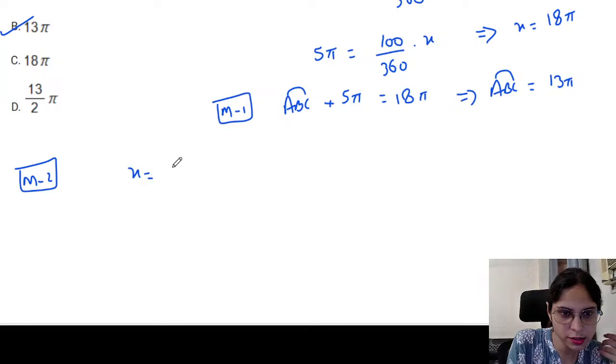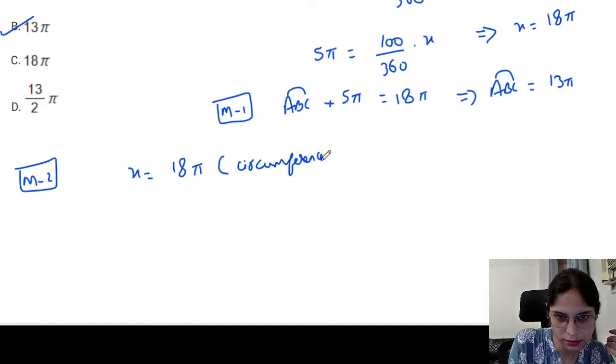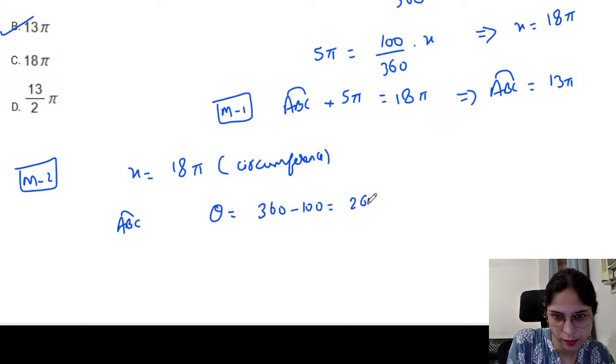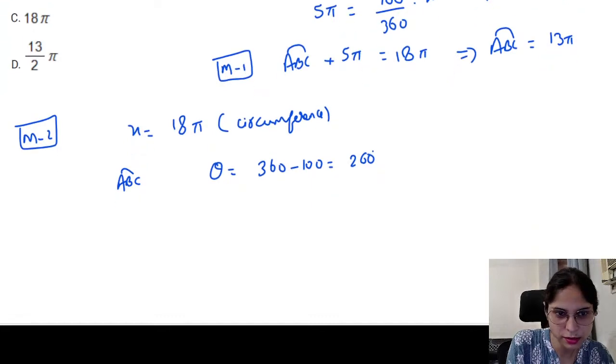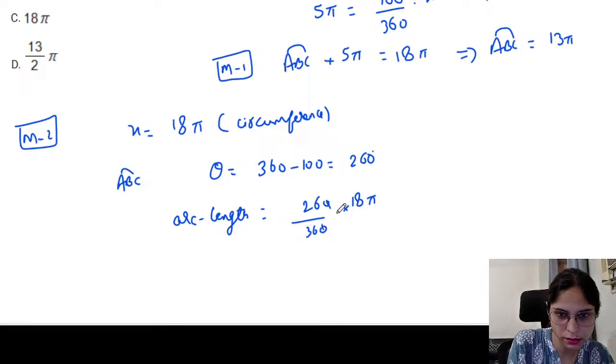Once you have got x is equal to 18 pi, that's your circumference. For angle ABC, your theta will be 360 minus 100, that is 260 degrees. And that's just a longer method. Arc length will be 260 divided by 360 times 18 pi. 18 times 2 is 36, 13.